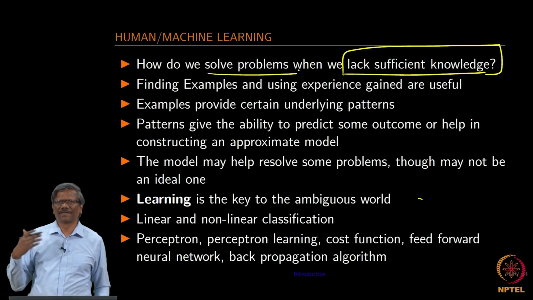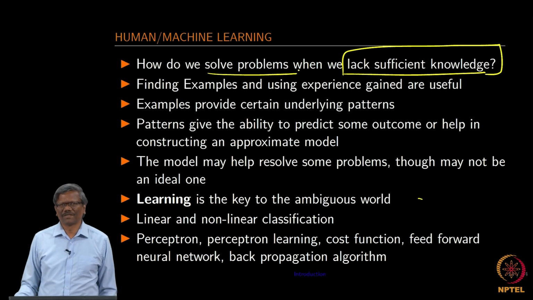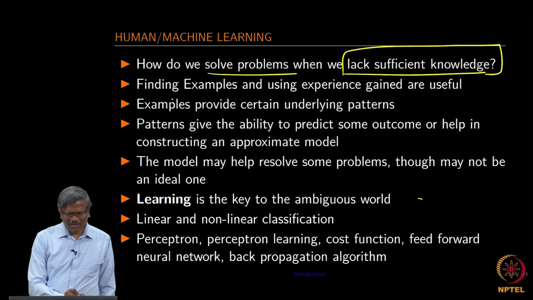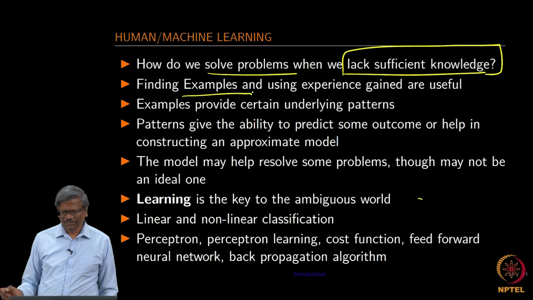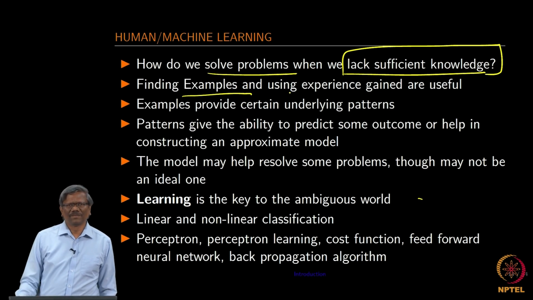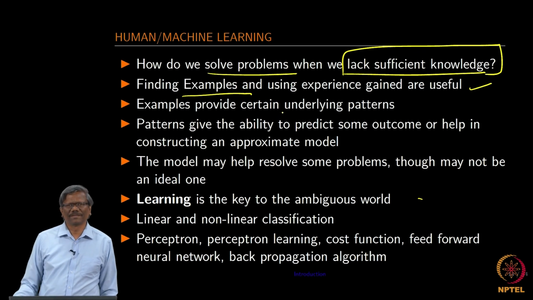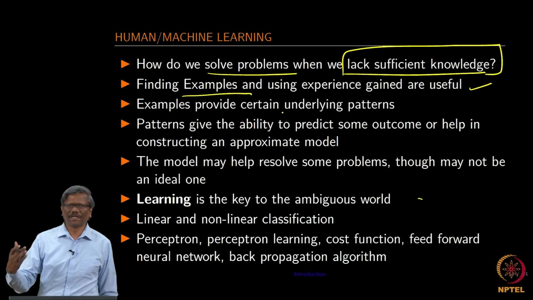We start reading more, we start listening to new lectures and so on, and then we start looking at examples and at the experience that we have gained. These are things that are helpful in terms of learning. Examples really provide certain underlying patterns, based on what is already available in the corpus.